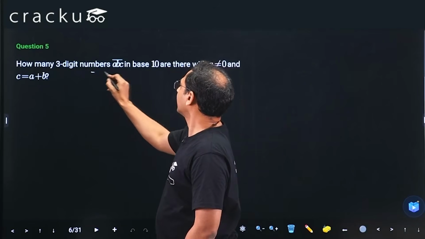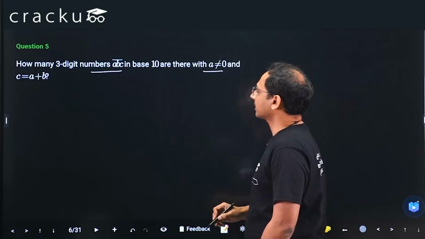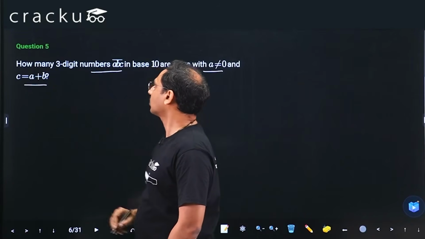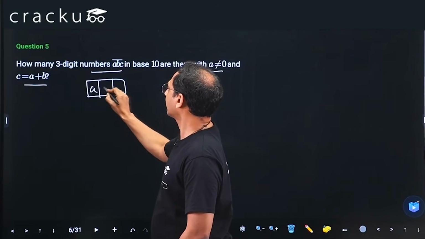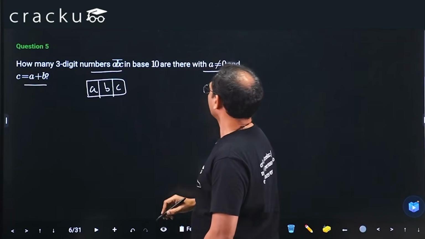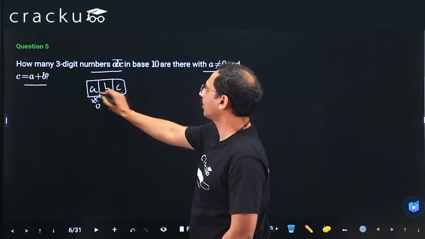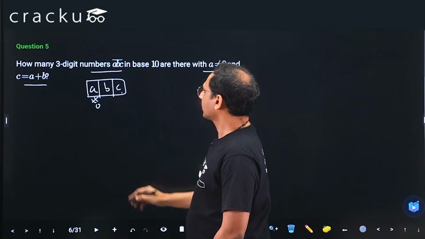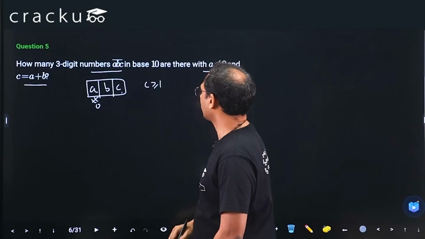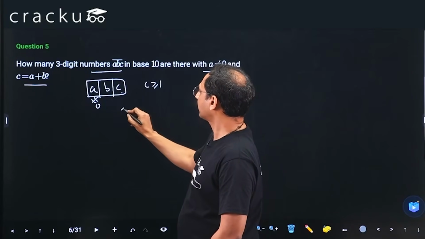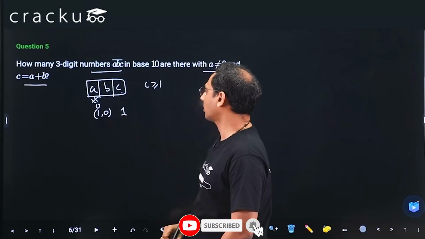How many 3-digit numbers of the form ABC in base 10 are there with A not equal to 0 and C equal to A plus B? So we have a 3-digit number ABC. The first digit is non-zero. The last digit is the sum of the other 2 digits. So here the minimum value of C is 1 because A will be minimum 1. So let me put C equal to 1. I have only one pair, 1, 0.